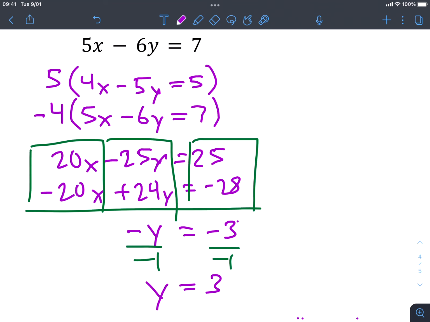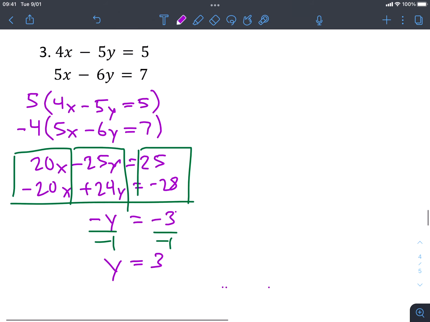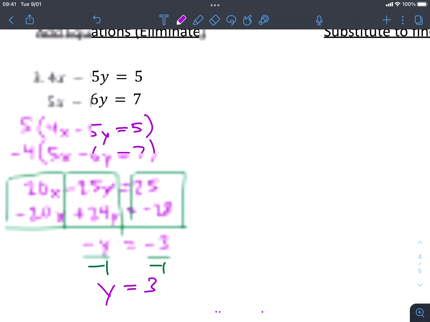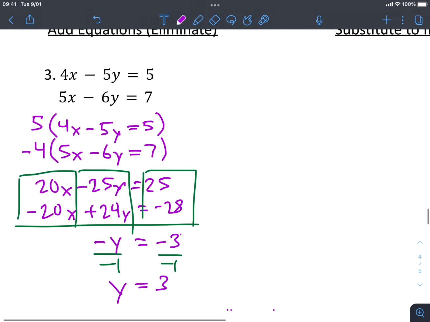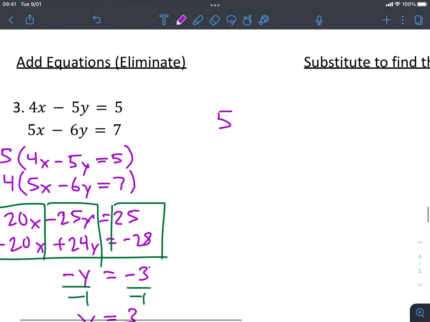Of course, we would then go and plug it back into our equation to get our x. And you can pick any of the two equations that we started with, or you could even pick any of these two that we ended up with after we transformed, and you'll get the same result. But we'll go back into our second equation, for example. So 5 times x minus 6 times 3 is equal to 7.